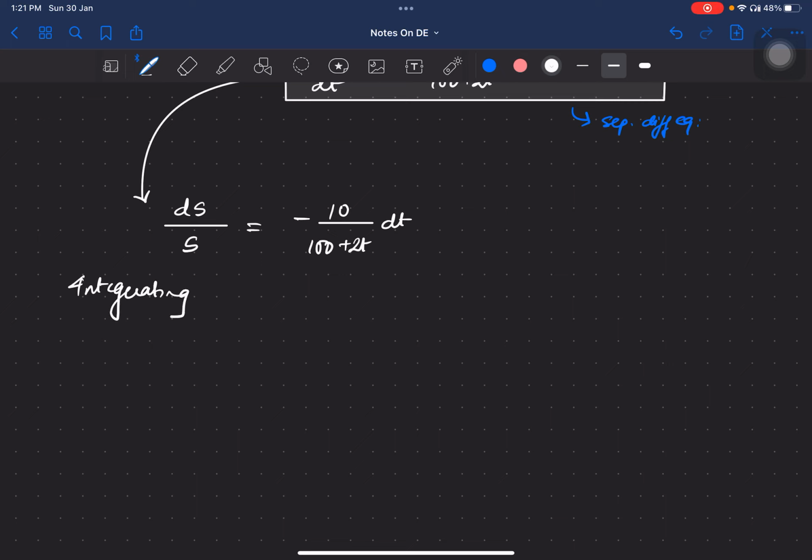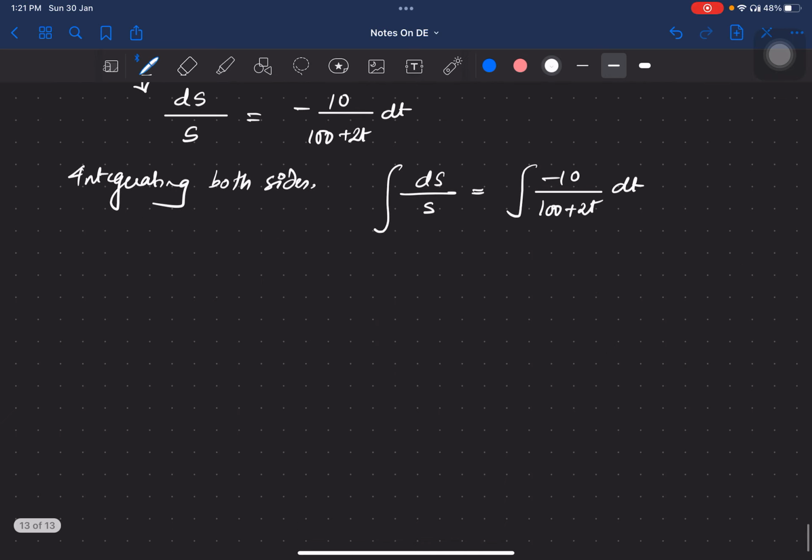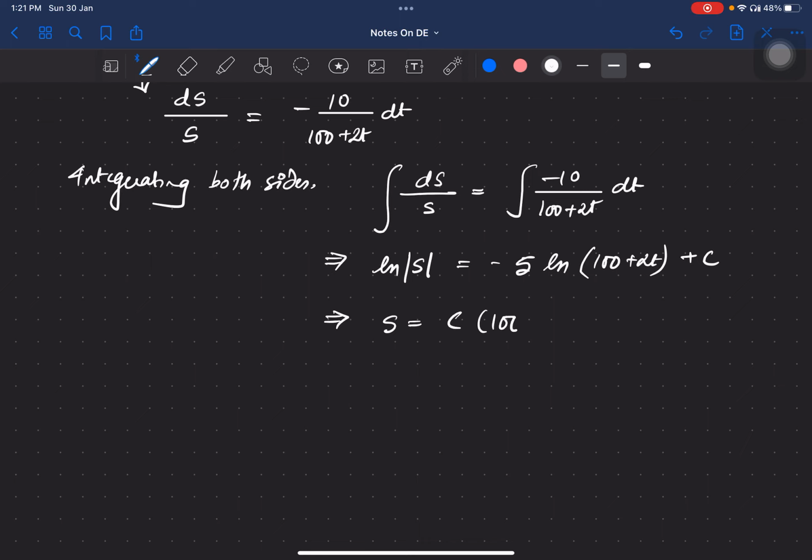Now integrating both sides, integral of dS/S equal to integral of minus 10 by (100 plus 2t) dt. So this everybody knows, this is ln|S| equal to minus 5 ln(100 plus 2t) plus c. Simplifying, we get S equals c times (100 plus 2t) to the power minus 5.